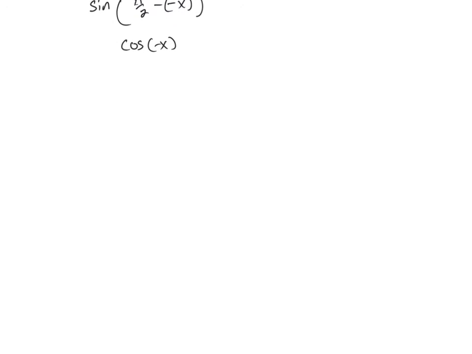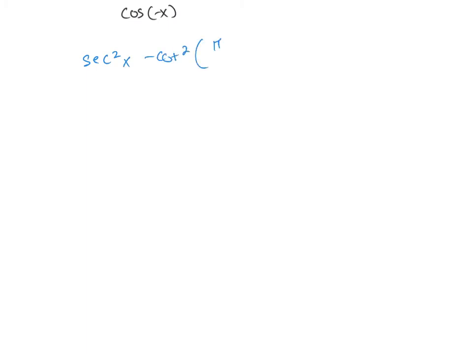Let's try another one. Let's say we had secant squared of x minus cotangent squared of pi divided by 2 minus x, and we want to set it equal to 1. So I can prove that it equals 1.